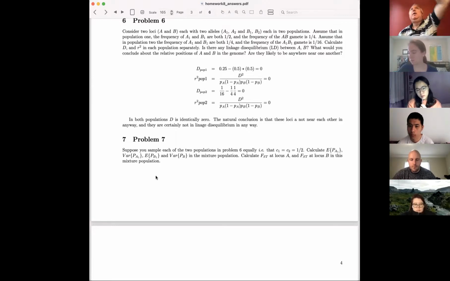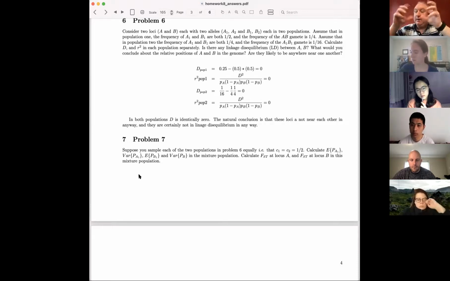You're getting a sample of 50% from one population and a sample of 25% from the other. What is the variance in that allele frequency, given you have a 50-50 mixture, one of which is 50%, the other which is 25%? What is the variance in the frequency that is due to this structure?